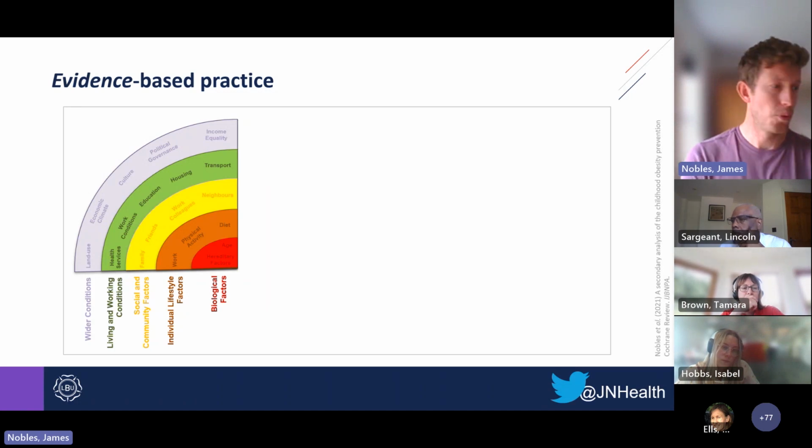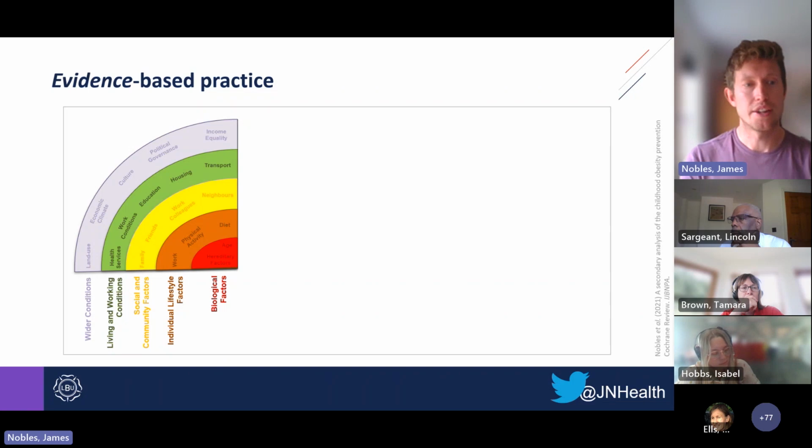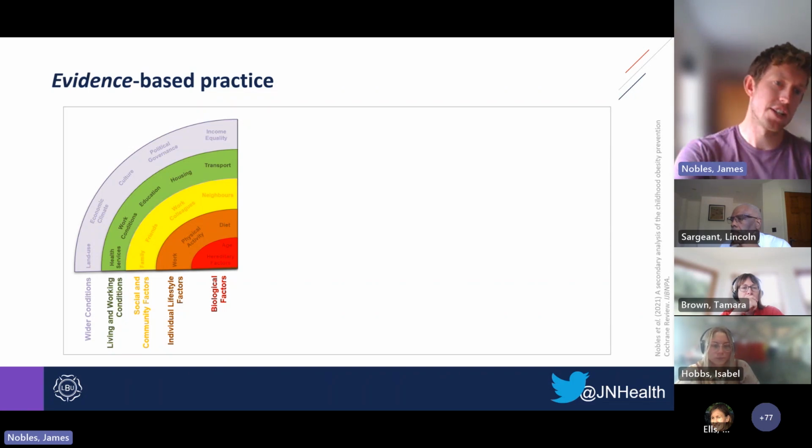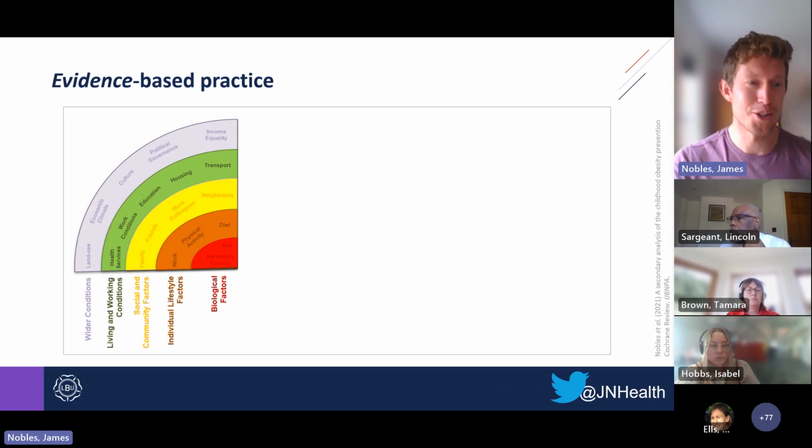So many of you, if you're working in research and practice and policy, will probably be very familiar with the wider determinants of health, or the rainbow diagram. If anyone's not familiar with it, what it demonstrates is the various different levels of a system that can have an influence upon our health, from individual lifestyle factors. So that's orange on my screen, but it might be a different color on your screen.